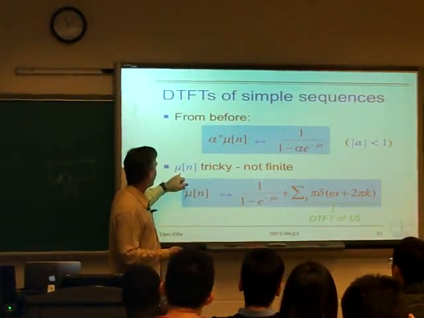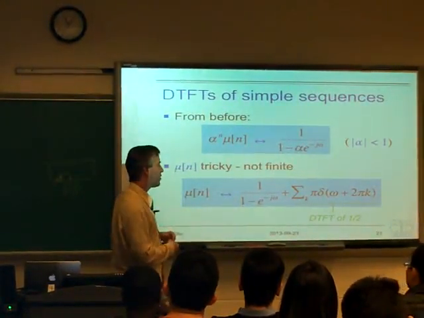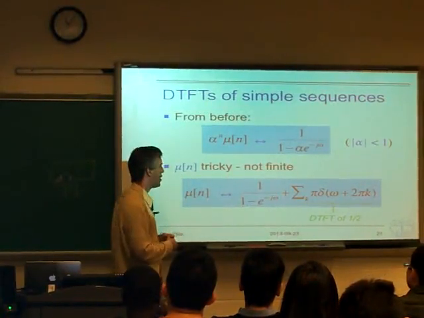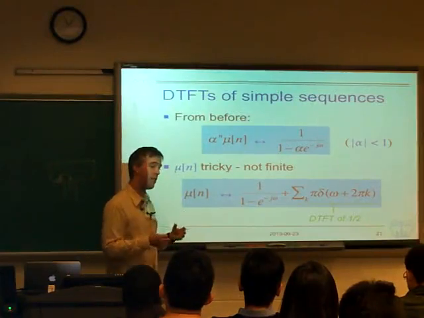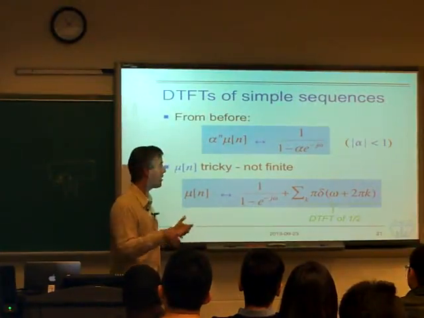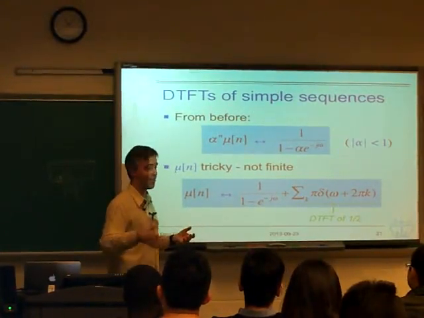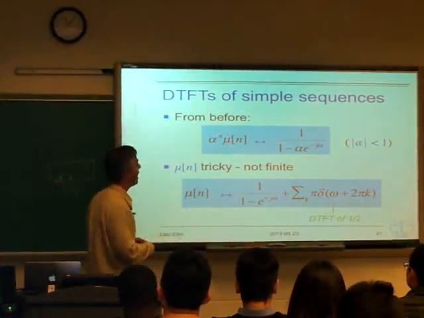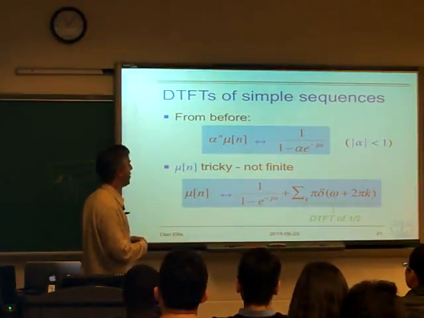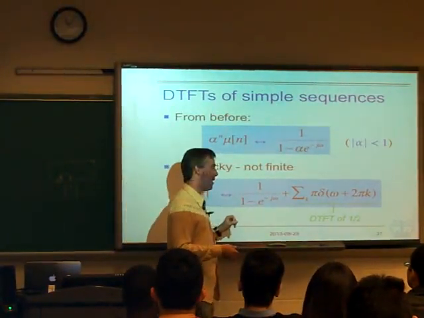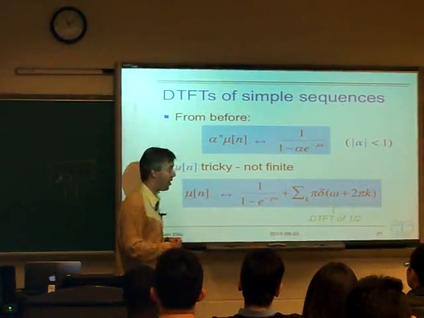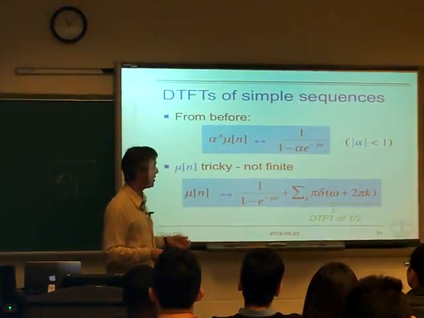Mu of n, the step function, which is another basic function, is tricky for that reason, because that also has this property that it doesn't decay away with time. The answer you get depends on how long you keep on summing it up. But through some trick of mathematics, which I don't actually know, we do have an identity for this.